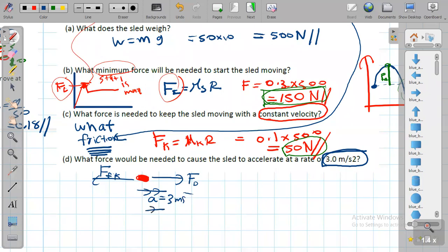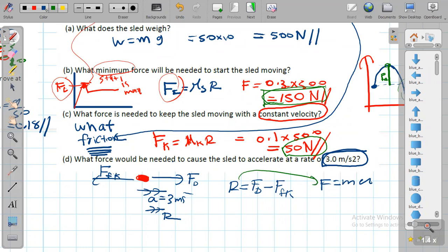Acceleration only occurs if there is a resultant force in that direction. So the resultant force is the driving force minus the frictional force, and I have to apply this result to F equals ma, like the previous question I solved.